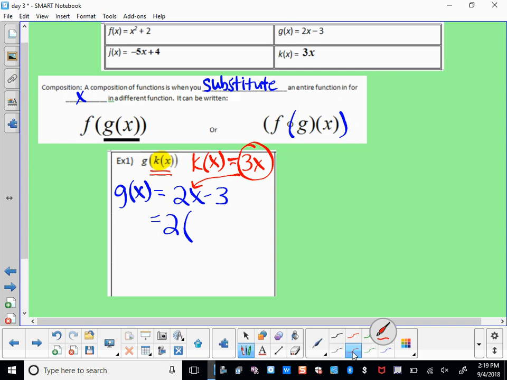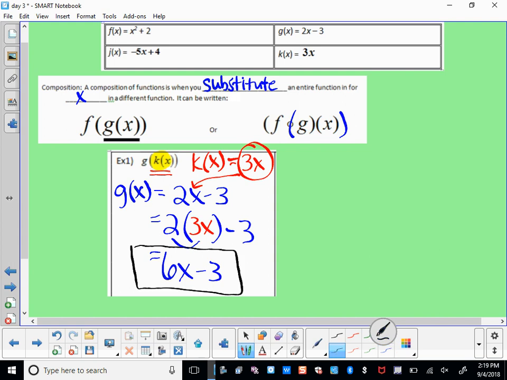So you have 2 times 3x minus 3. And we can solve it. What's 2 times 3x? 6x, and I bring down my negative 3. You can't combine any like terms. That's my answer.